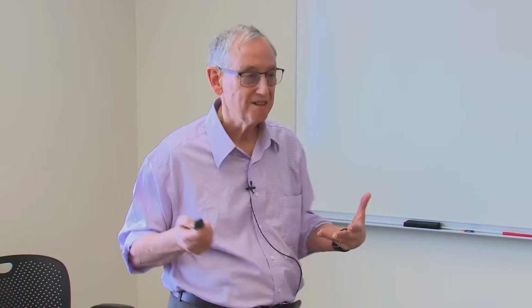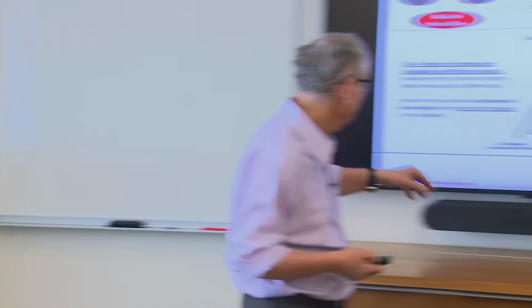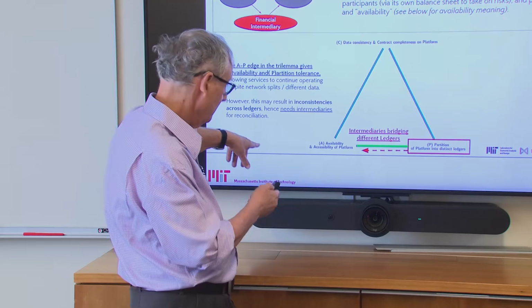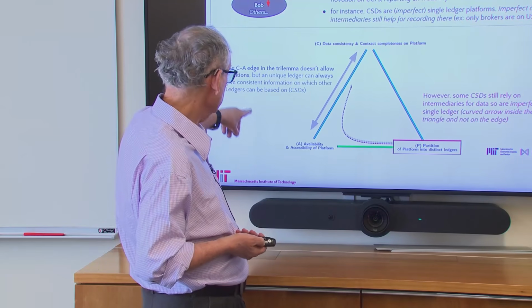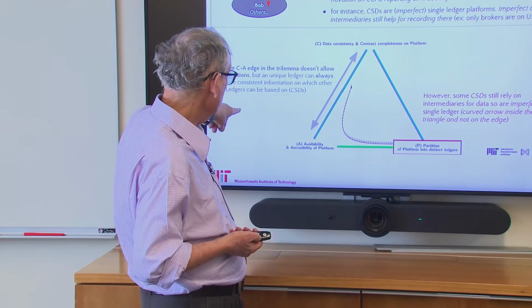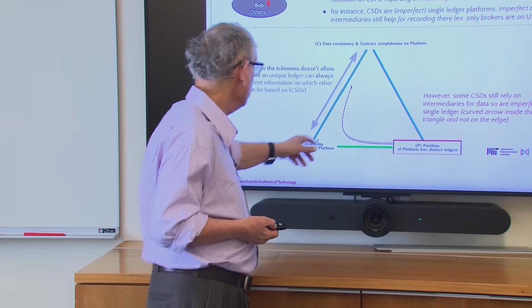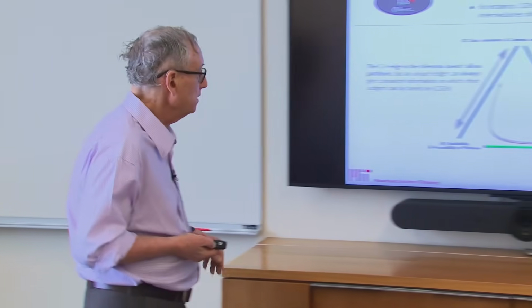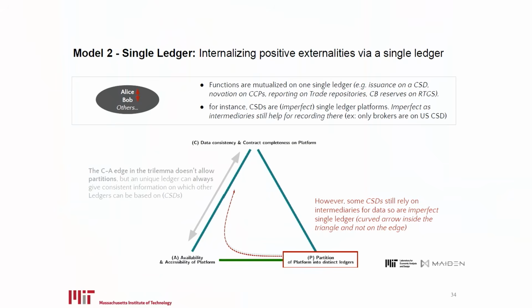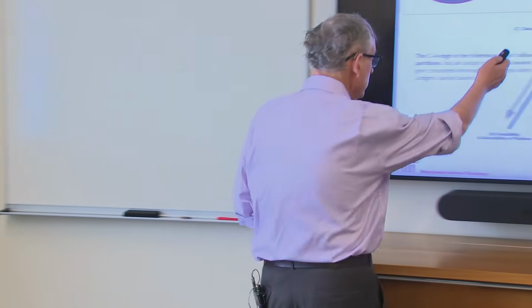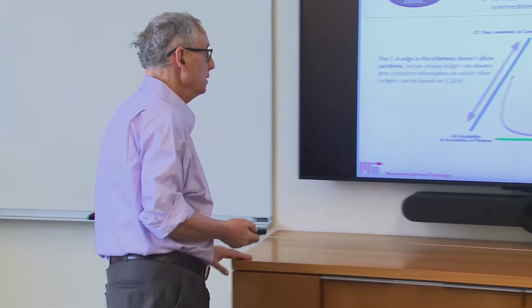Yeah, you should be worried if you're thinking layman or something, but okay. So those are intermediaries. Now the system evolves, and we're on this edge here. In this case, we've given up on having multiple partitions. We're on the consistency availability axis.